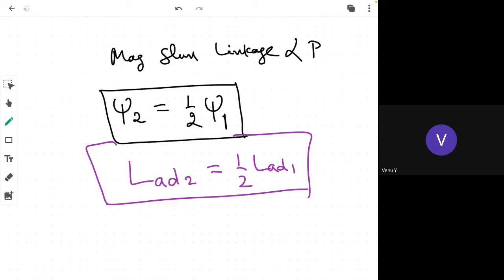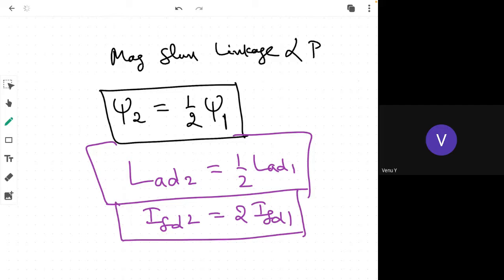Therefore, to maintain the same open circuit voltage, the field current has to be doubled. IFD2 must be equal to 2 times IFD1.